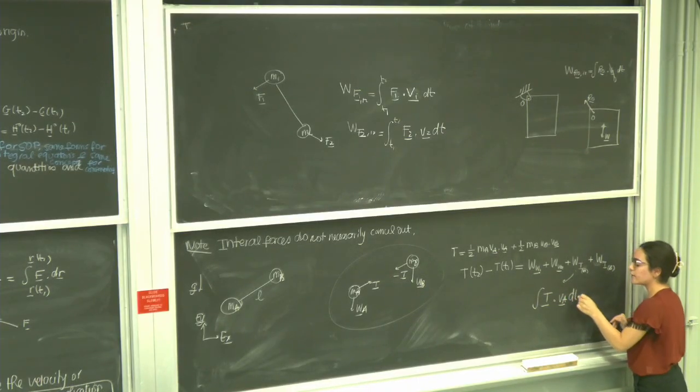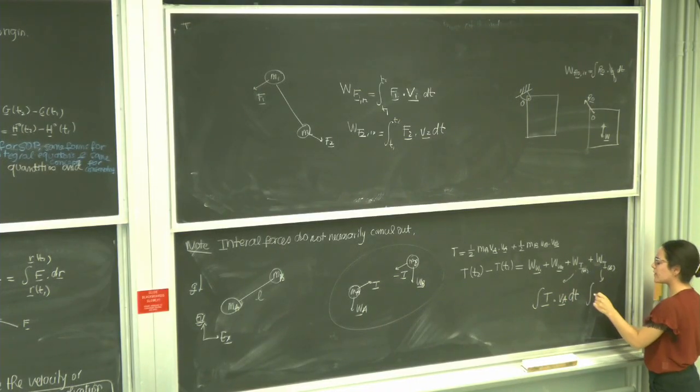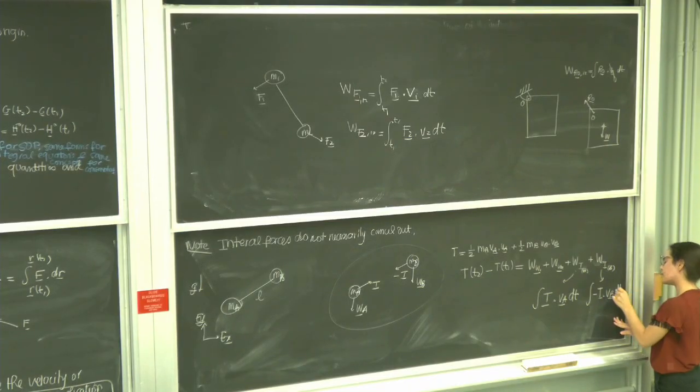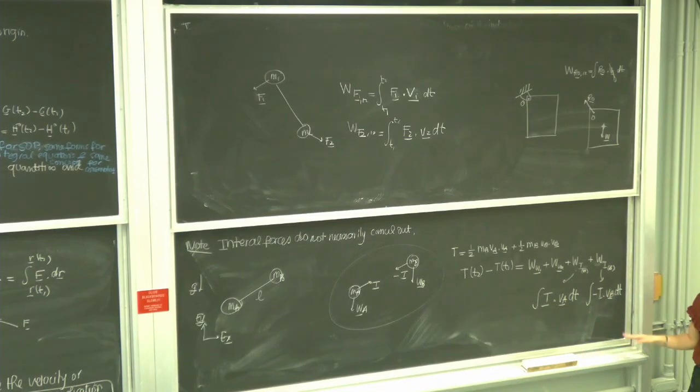The A, right? And then this one is minus T dotted with the velocity of point B dt. Do these terms cancel out? No, they would only cancel out if what? VA and VB are equal. But VA and VB are not necessarily equal, right? They're only equal if the whole thing is just translating. So we have to be careful.